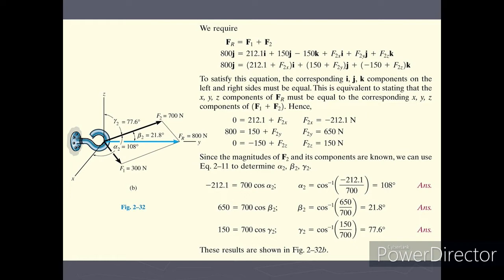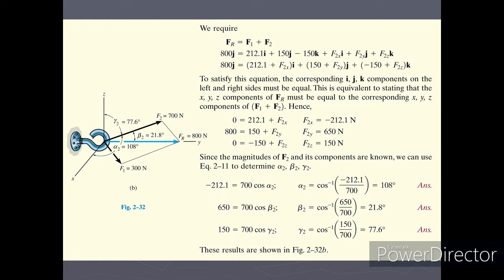Are you following? Yes. Now, having expressed this in the Cartesian vector form, the next thing is to find the direction angles. This is F2, right? So the unit vector of F2 is given by F2 over its magnitude, and is equal to cos alpha i plus cos beta j plus cos gamma k.